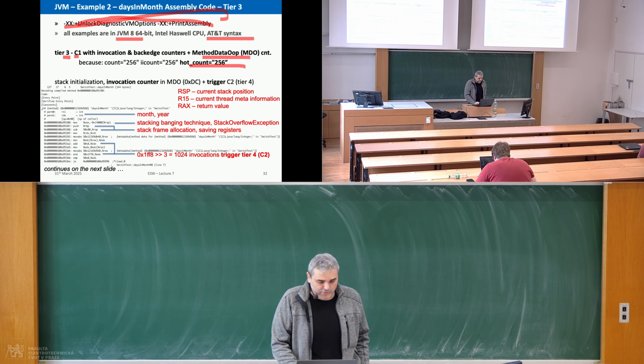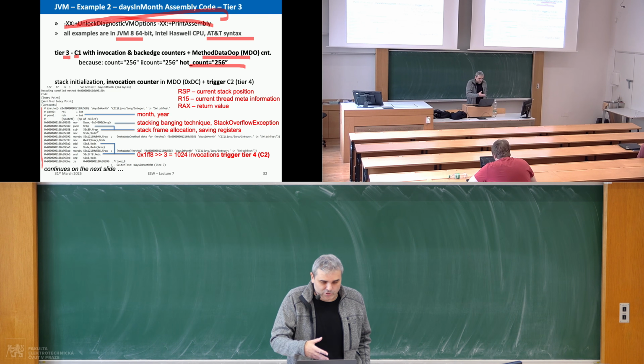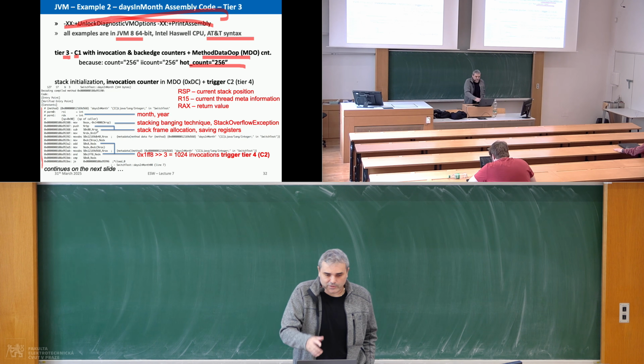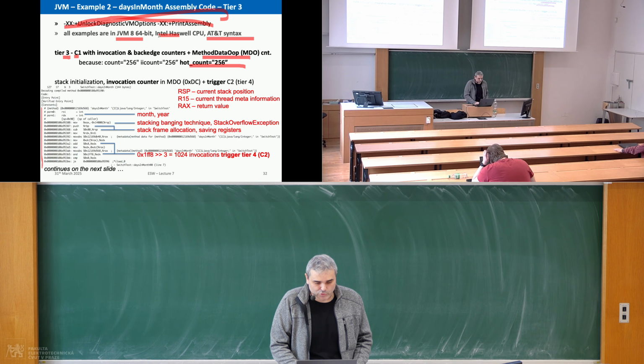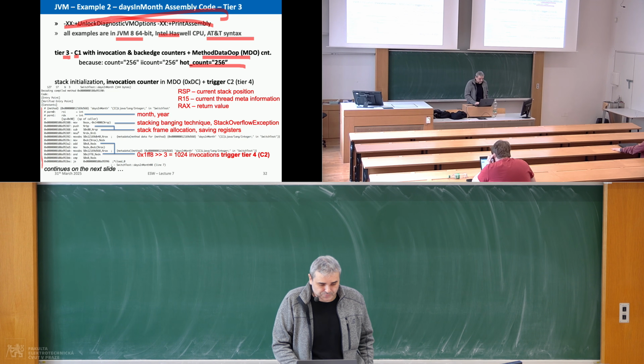And you can have here really the code of that architecture. I think it was executed on an Intel Haswell architecture CPU, 64-bit, and so you have here the resulting code.